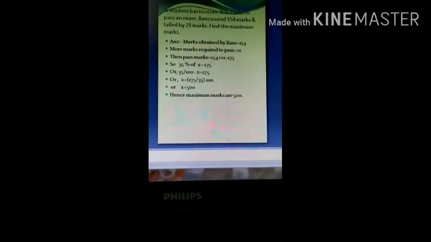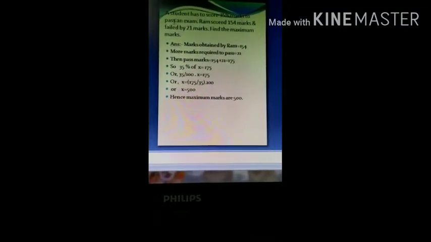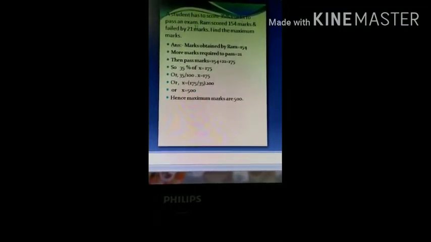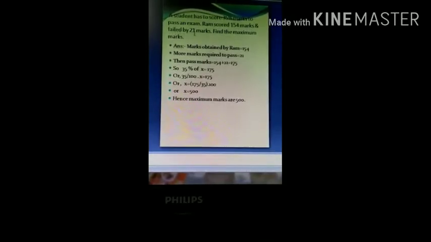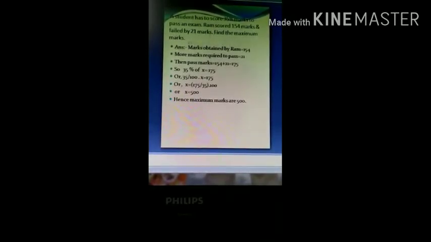The same method we can apply to another example. A student has to score 35% marks to pass an exam. Ram scored 154 marks and failed by 21 marks. Find the maximum marks.